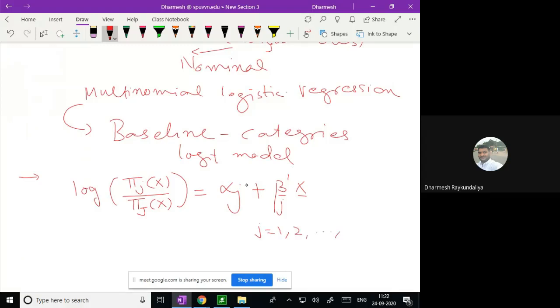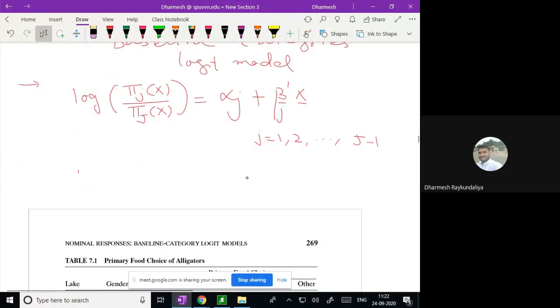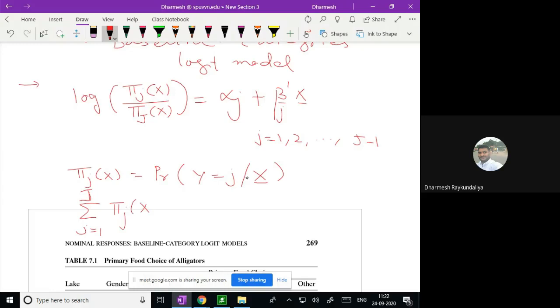There are J categories, but we keep the last category as a reference category, so there are J minus 1 logit equations. Now, what is pi j of x? It is the probability that y falls into the jth category given a set of regressors. And because all these categories are mutually exclusive, the sum of the probabilities is 1.